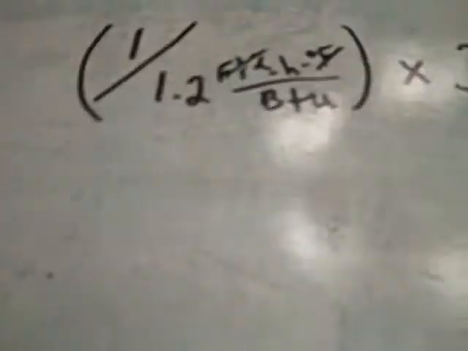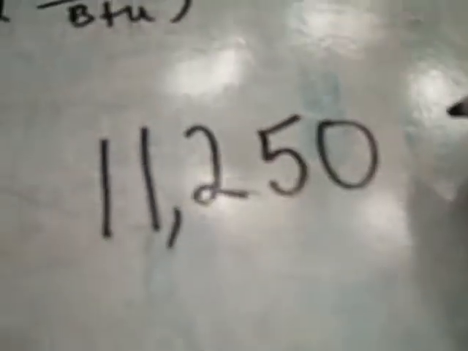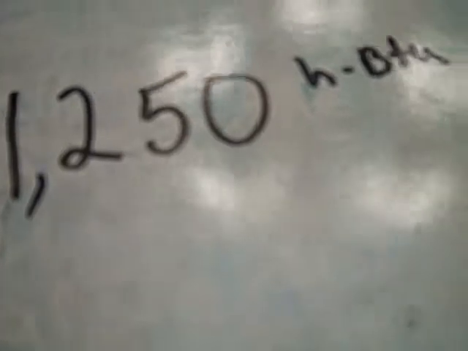And so let's times all those up, and the answer I get is 11,250, and that's going to be in the units of hours, BTUs, and on the other side of my equation of Qc and little t.